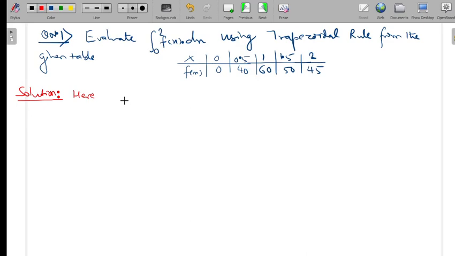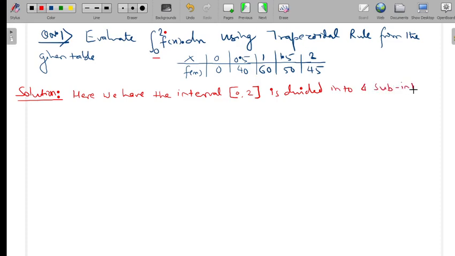Here we have the interval 0 to 2. You can see that 0 to 2 is divided into 4 sub intervals.